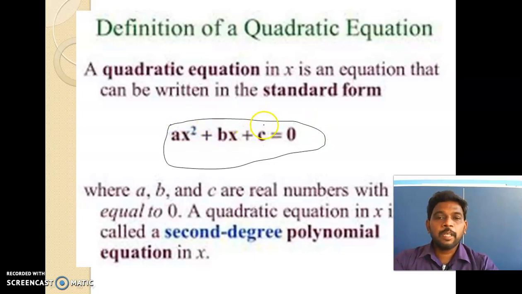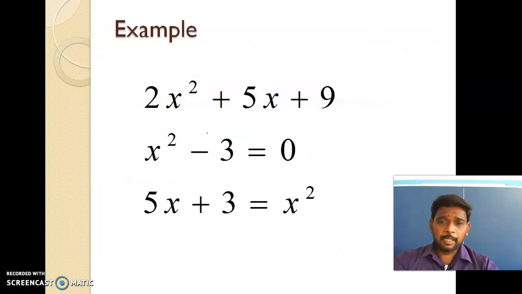In an equation which contains one variable, and the maximum power of the variable is 2, that is called a quadratic equation in one variable, right? Here the power of the variable is nothing but what we can call the degree of the equation also. So the degree of the equation being 2 means that is called a quadratic equation. That's all. So these are some examples for the quadratic equations.